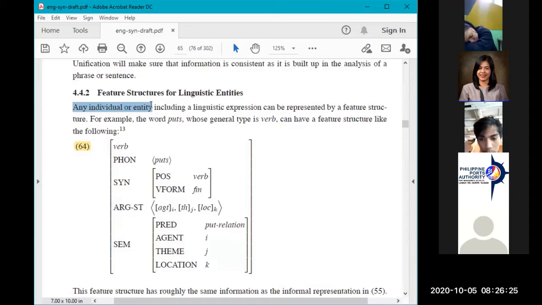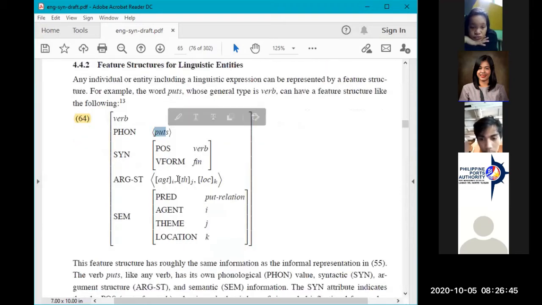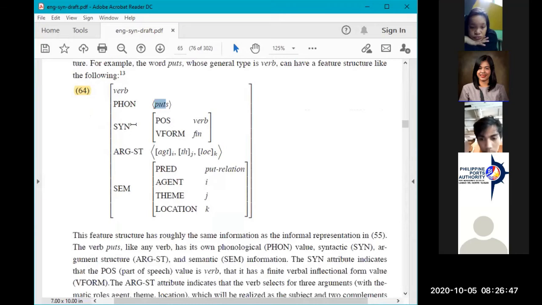Any individual or entity, including a linguistic expression, can be represented by feature structure. For example, the word puts, whose general type is a verb, can have a feature structure like the following. The phonological value is put. Its syntactic value is that its part of speech is a verb.